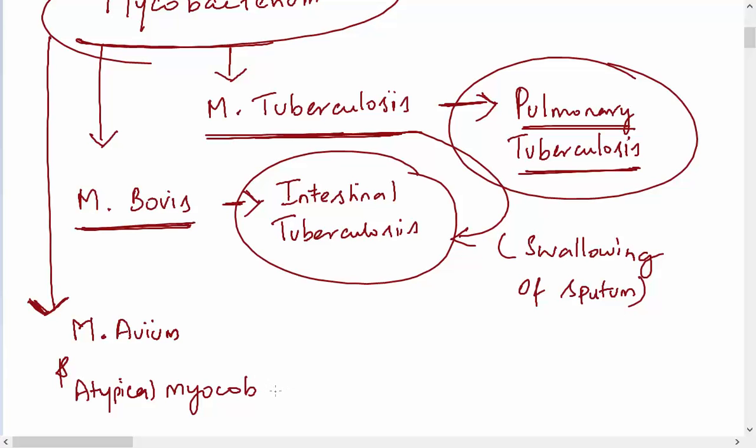Mycobacterium avium and atypical mycobacteria. They come into the picture when the person is severely immunocompromised.